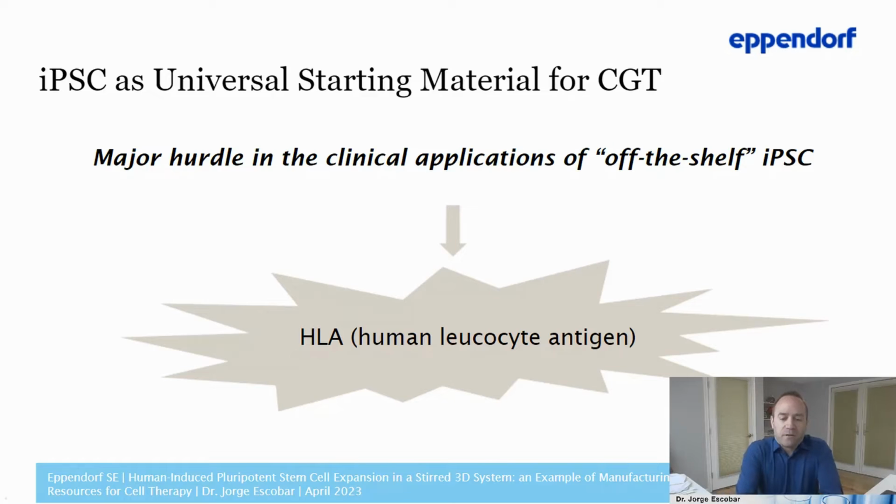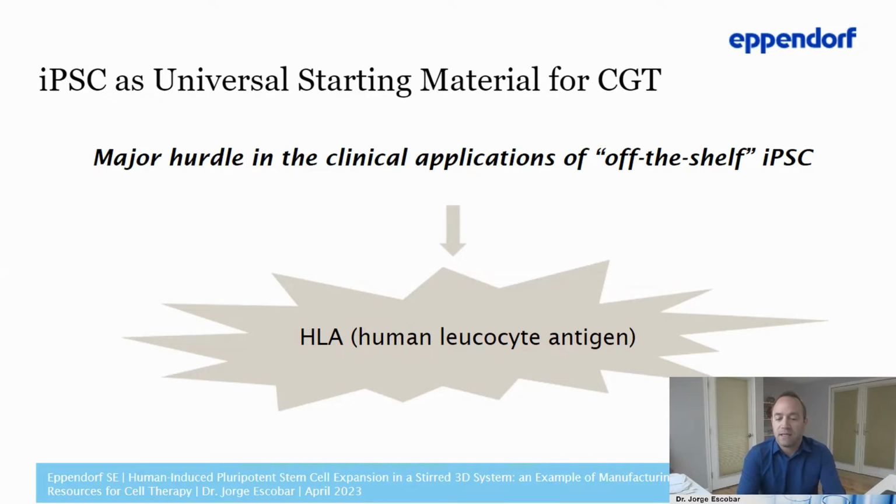To deliver off-the-shelf and inexpensive iPSC-derived products to more patients, it's necessary to generate a universal iPSC that can be transplanted regardless of the human leukocyte antigen, HLA, allotypes. I will explain a little bit more what that means and why it is important.